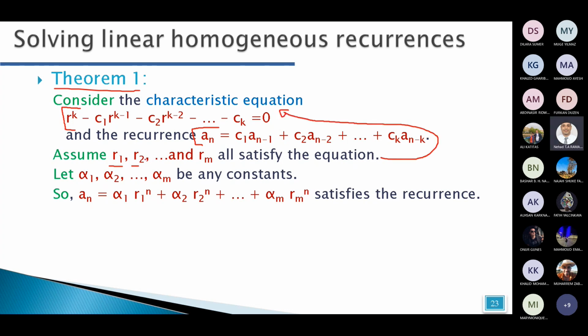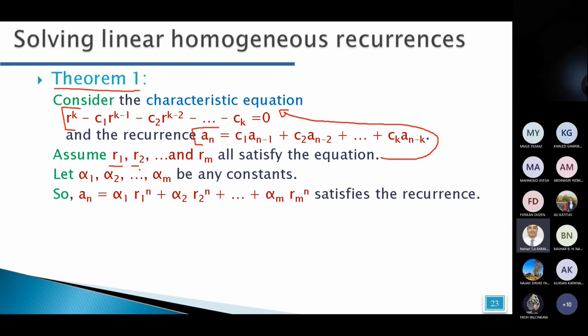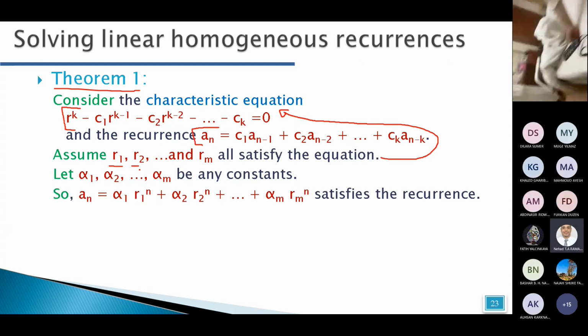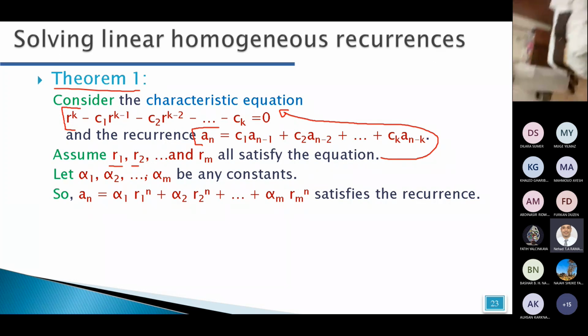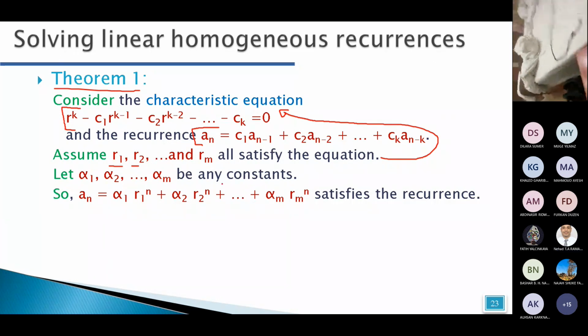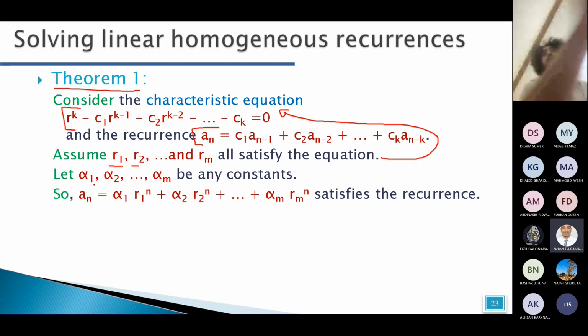So we solve the characteristic equation and we get all the terms R1, R2, depending on the type of the characteristic equation. Then we choose constants depending on the number of solutions.